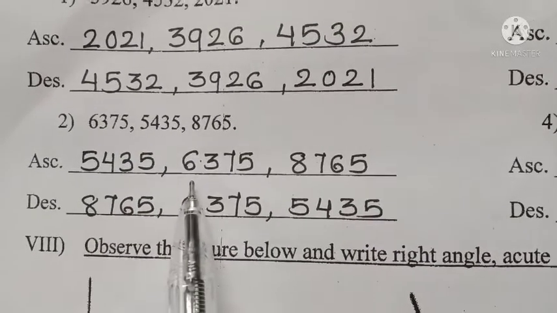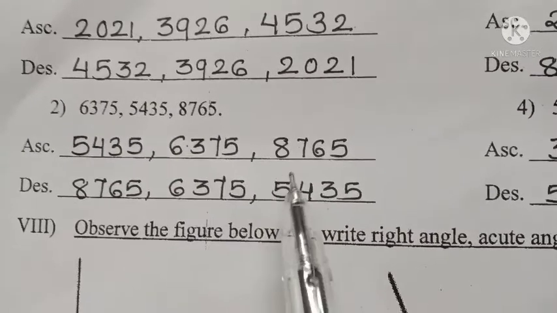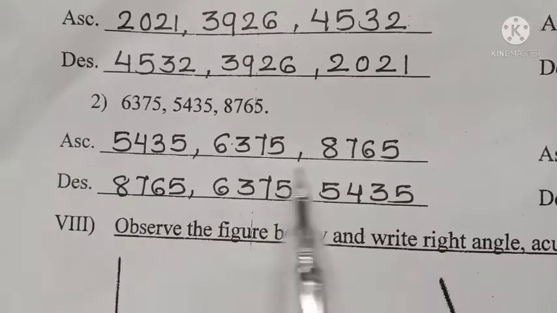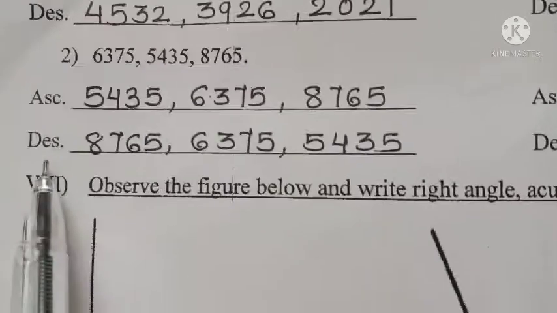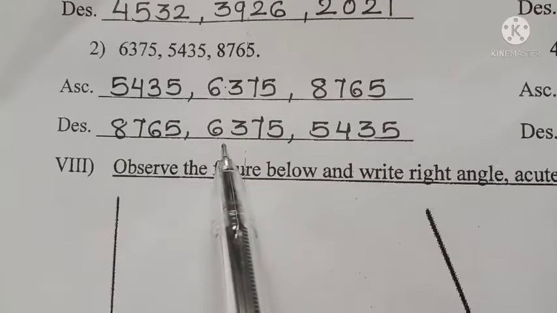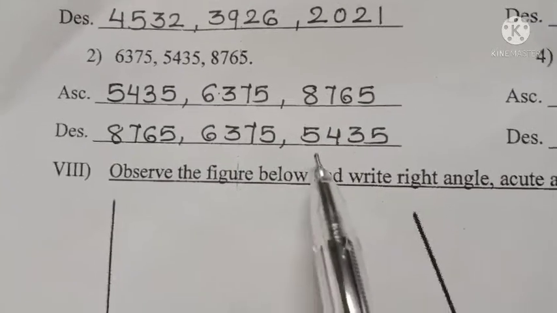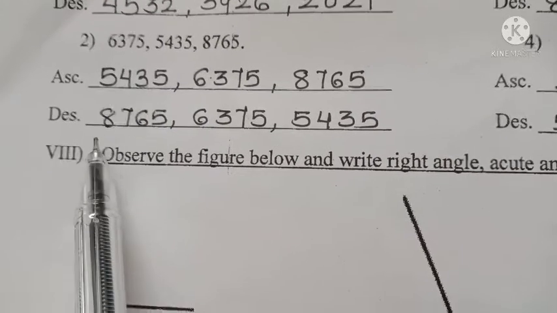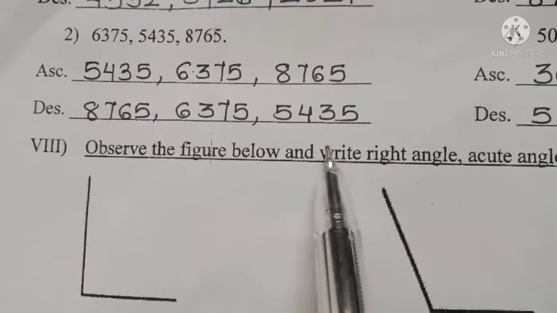So in middle number is 6375 and the last bigger number is 8765. So this is the ascending order. And in descending order we will write the first number 8765, 6375 and 5435. Means in descending order we have to write down the numbers from bigger to smaller.